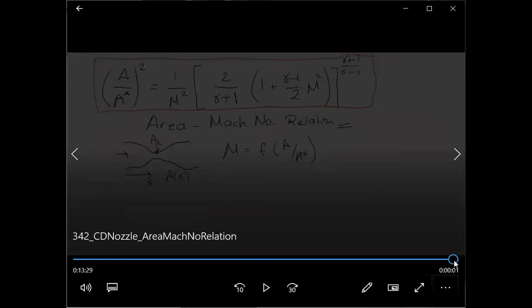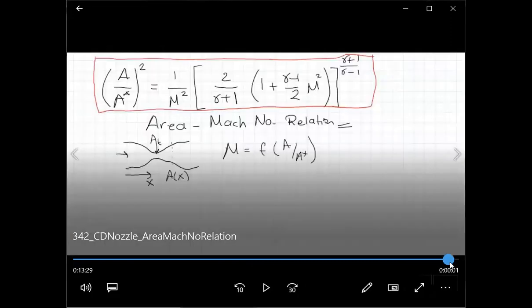Okay, let me make one more comment regarding this area Mach number relation.